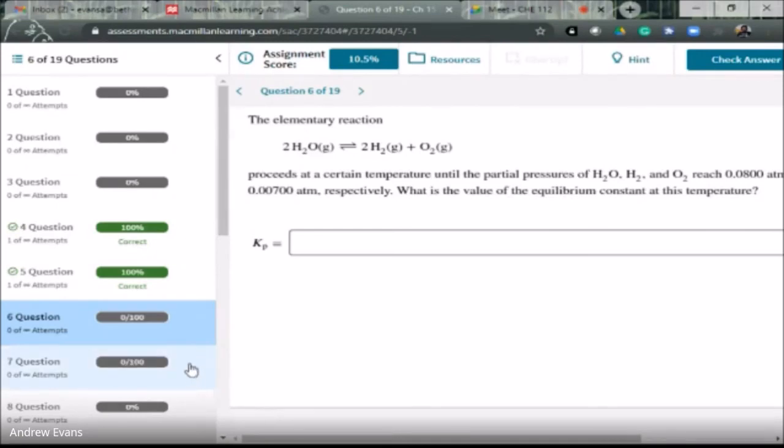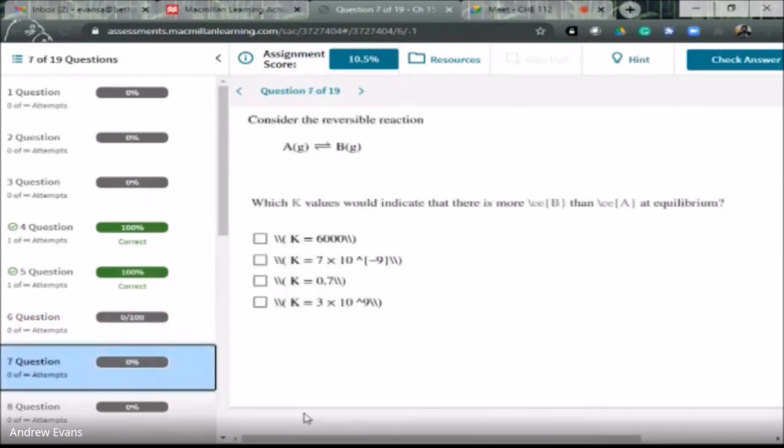I'm not even going to bother doing that. You're going to set up your K expression, find your values, plug them in, and evaluate. That is going to be a lot of this situation. Set up your K expression, define your values, plug them in, evaluate, or isolate the variable, plug them in, and evaluate.